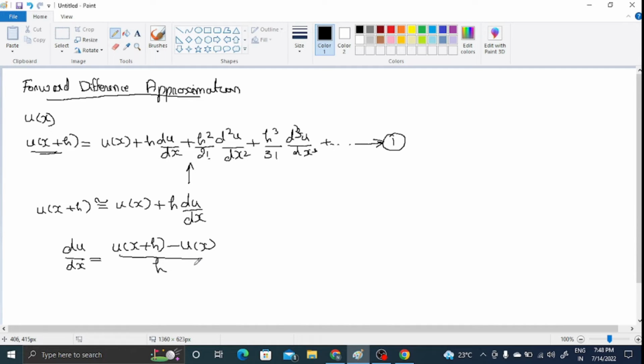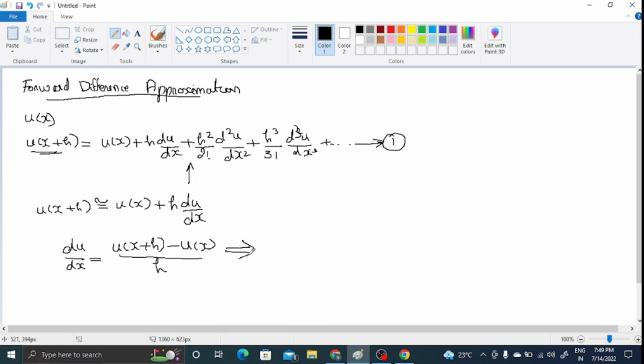Is it clear, all of you? That is, u of x plus h, as per Taylor's method, is u of x plus h into du by dx plus h square by 2 factorial into d square u by dx square plus h cube by 3 factorial into d cube u by dx cube plus etc. So that is equation number 1.